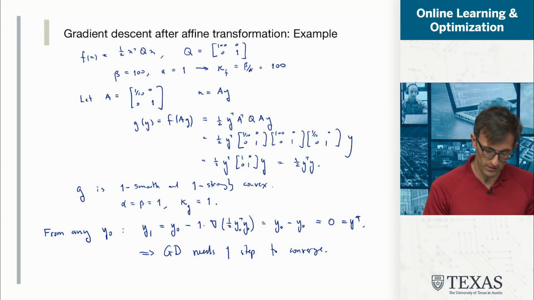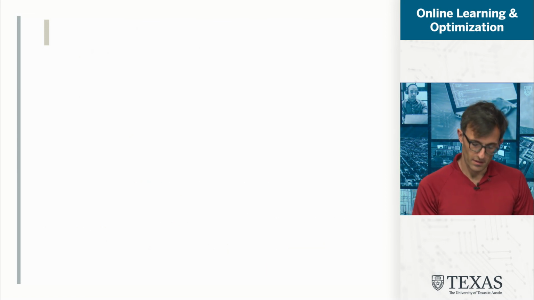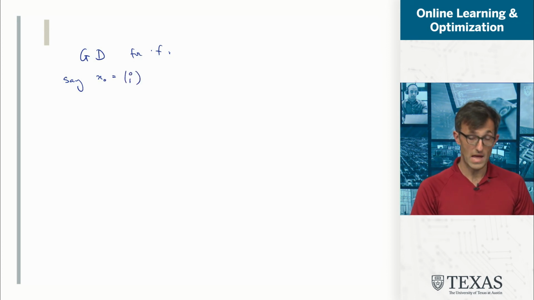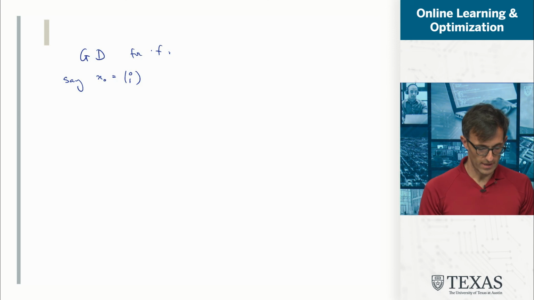Let's do that same calculation for f. Gradient descent for f, of course, is not going to be that good. So from any particular x, let's say we start from x0 equals [0, 1]. Well, we get that x1 is equal to x0 minus eta.